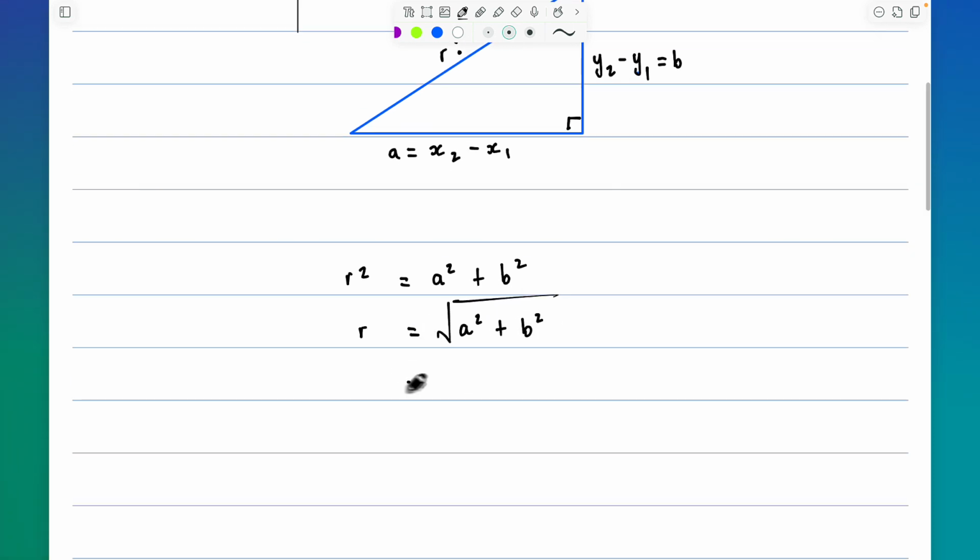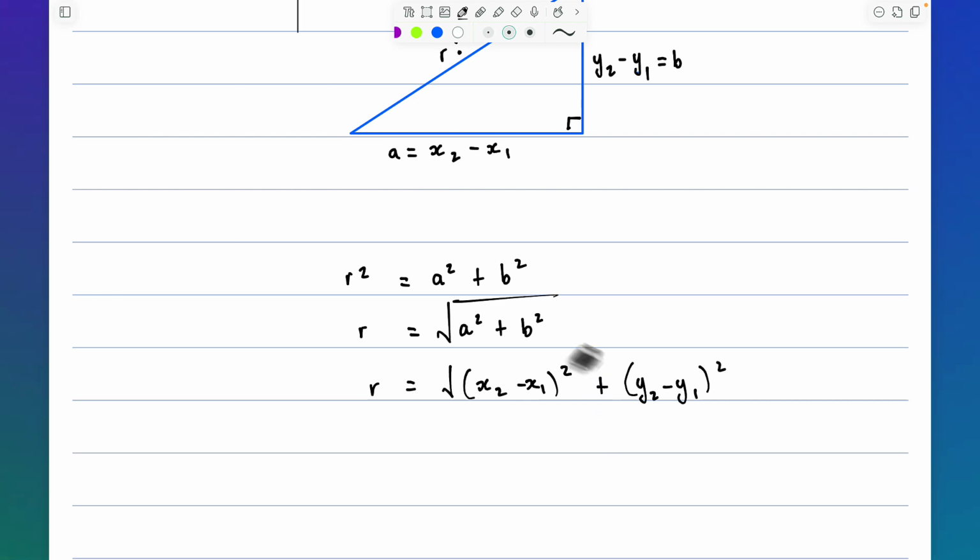So what are our a and b in this case? The a is the x movement, which is the difference between your x's, x2 minus x1, squared, plus the b, which is the difference between your y's, y2 minus y1, squared.